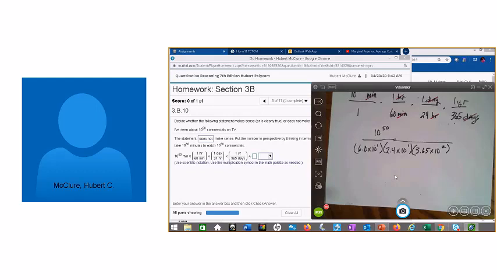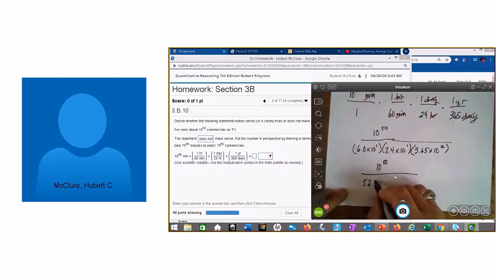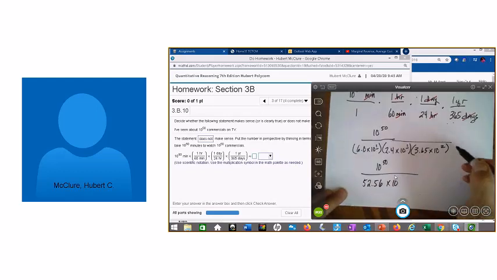That's all right. So I'm going to multiply the bottom: 6 times 2.4 times 3.65. I got 52.56 times 10 to the, 1 plus 1 plus 2, the fourth.